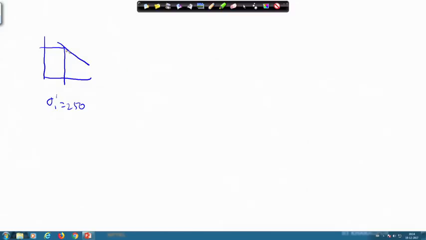Another point is here, this is 450 and the corresponding e value is given. So, these 2 are given.